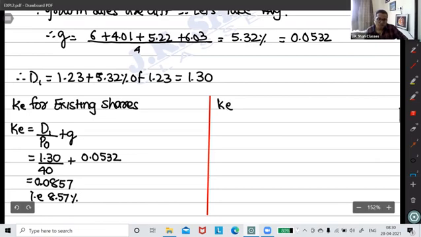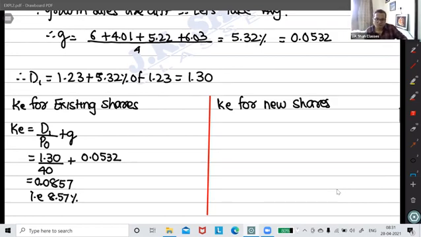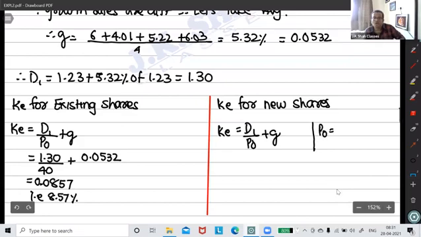Let's do it for new shares. What is going to be the only change? KE is equal to D1 upon P0 plus G. P0 we will have to show again. Originally it is 40, but minus 5. What is that? 5 rupees flotation cost. So this is going to be 35. The rest of the numbers will remain the same.